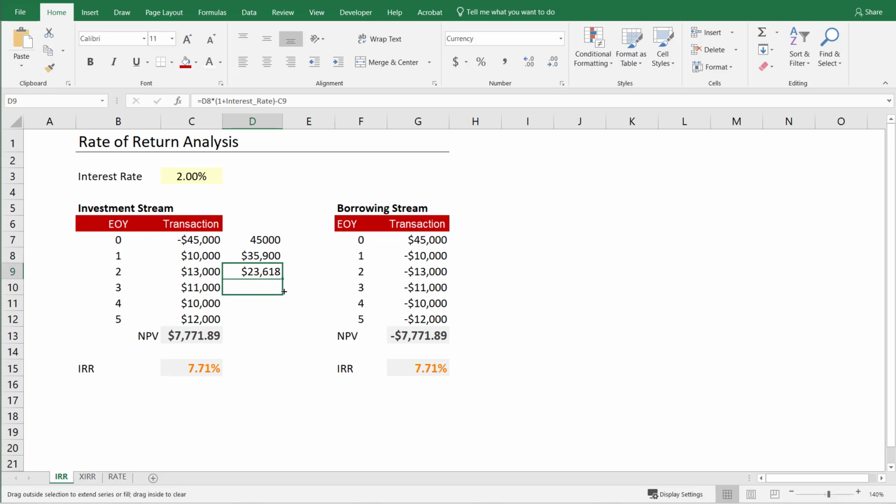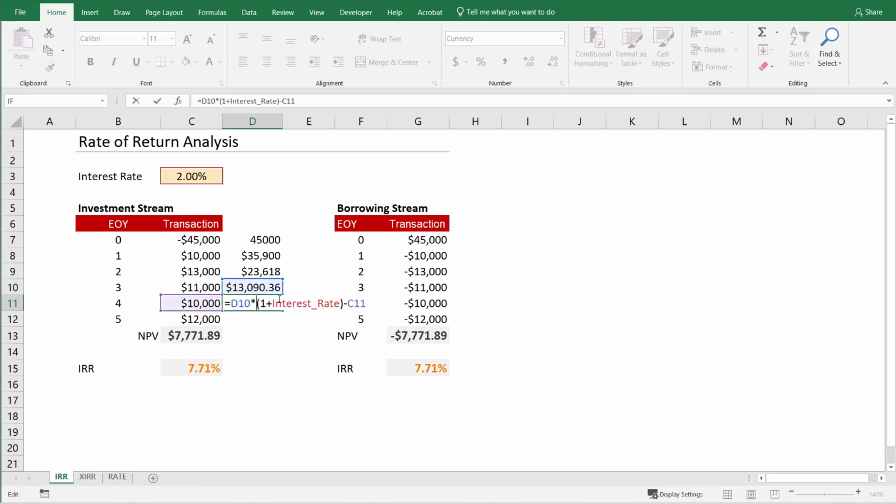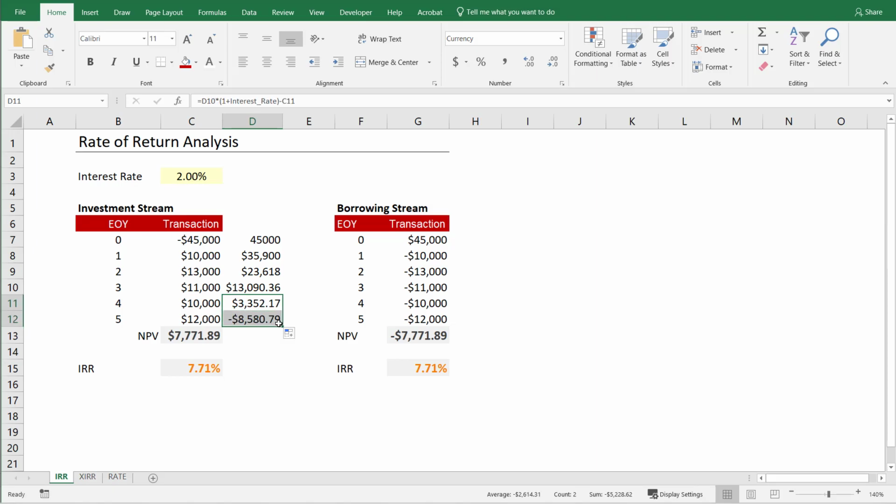If I did that in the subsequent year, my balance now would be down to $13,090, and then if I did it again for the fourth year, I would be down to $3,300. Notice that now I'm no longer going to be able to earn enough in interest to be able to withdraw the $12,000, and I'm going to be short.